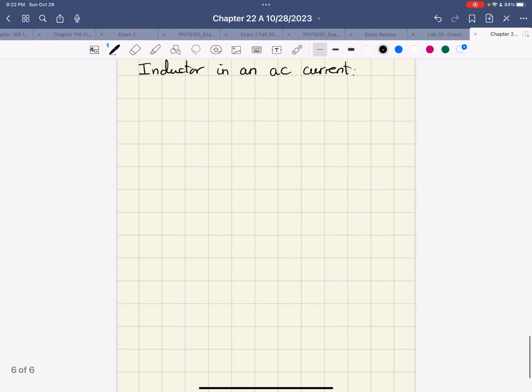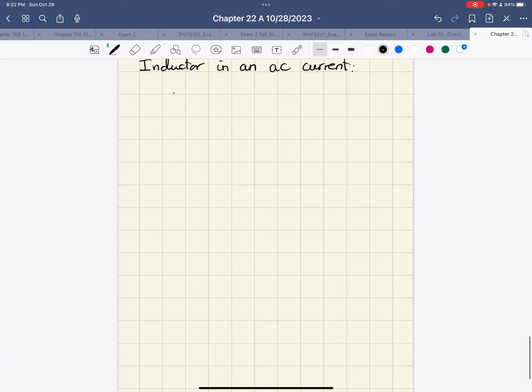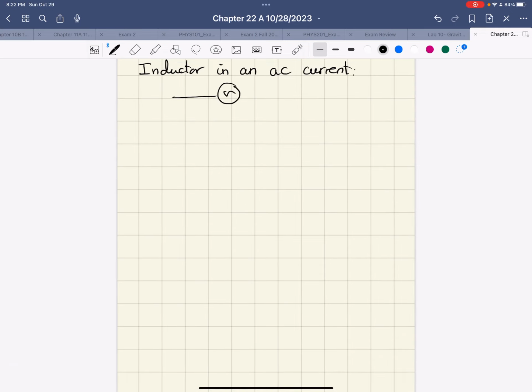Instead of having a resistor, we have an inductor, and this is how we represent an inductor in the circuit, and we give it L. Let's say the current in the circuit is I cosine omega t.